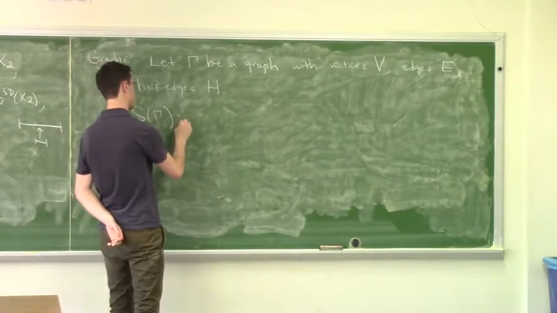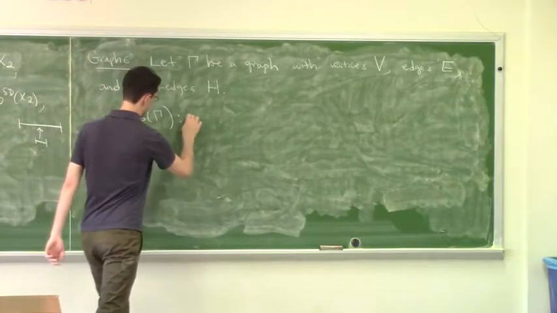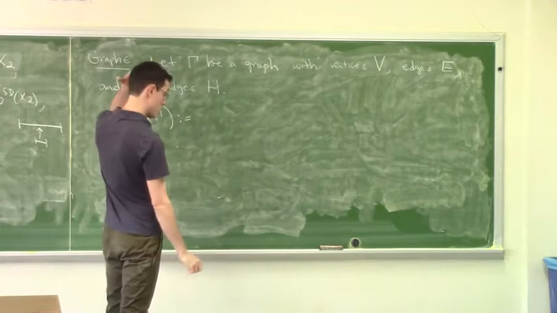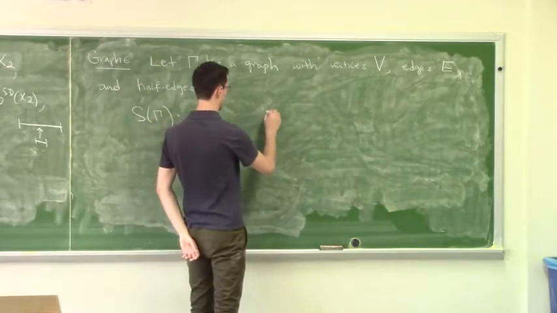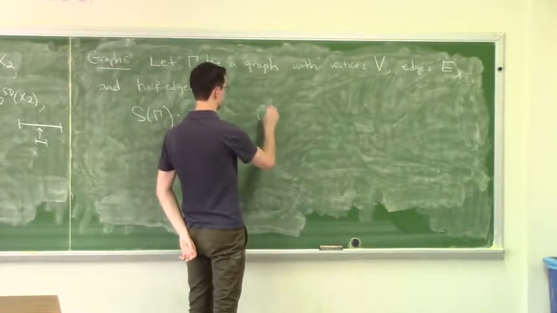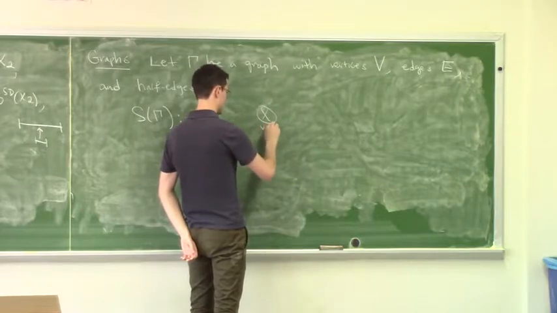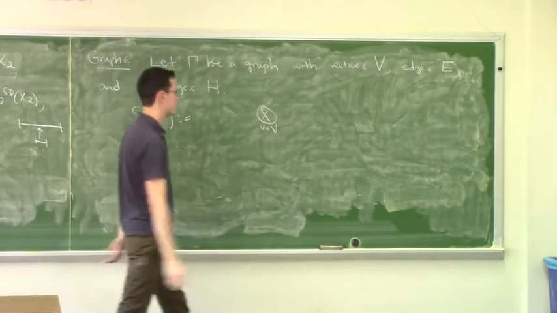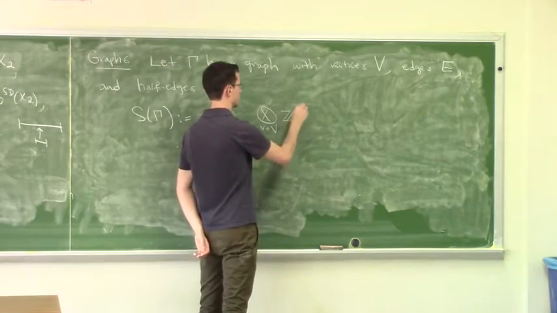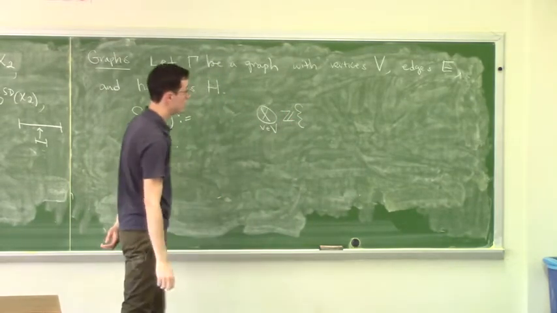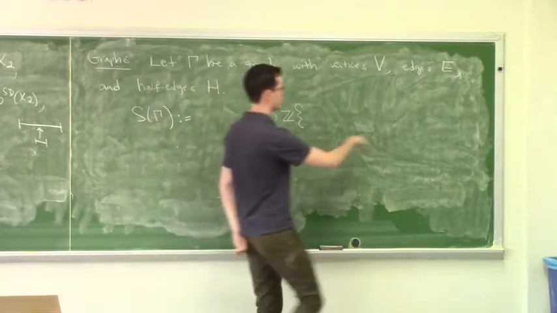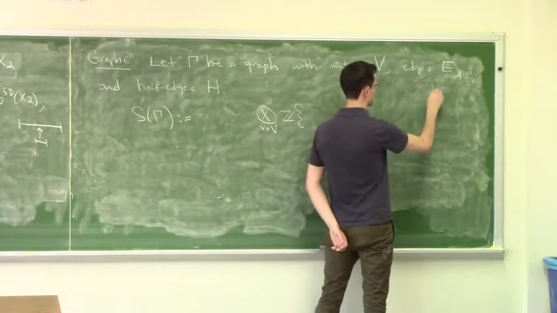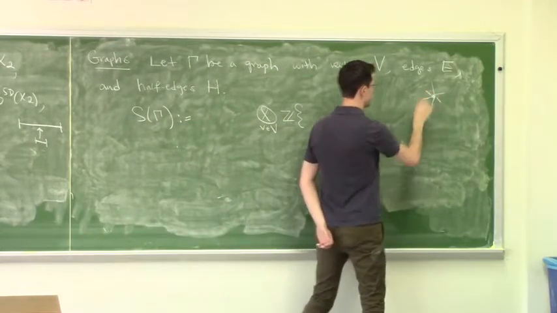And what is it? Well, for each vertex of the graph, certain things could happen. Here's the vertex. It has some half edges coming off of it.